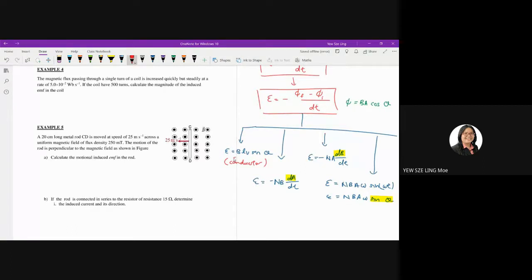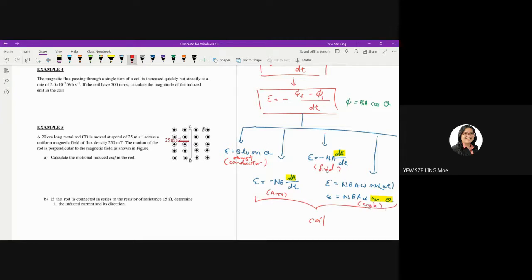This is a straight conductor, and these three equations are for coil. For a coil, you can have change in area, this one is because of change in area, this one is because of change in magnetic field, and this one is because of the change in angle.